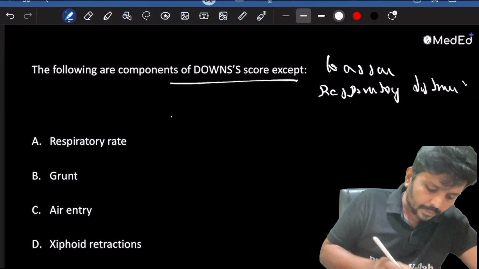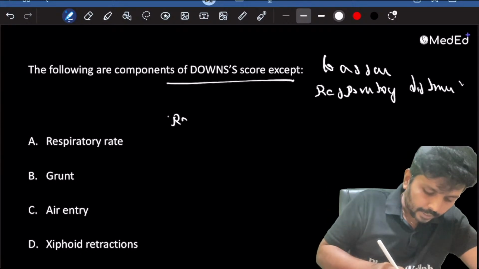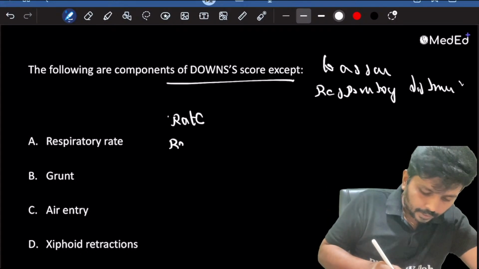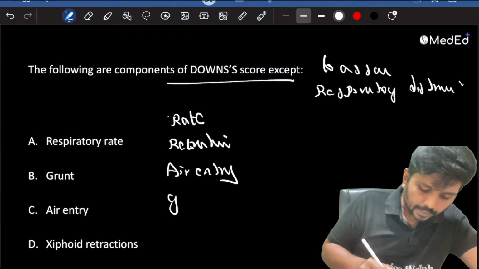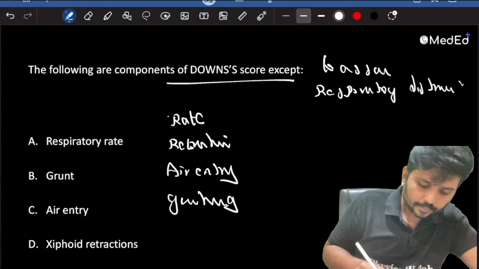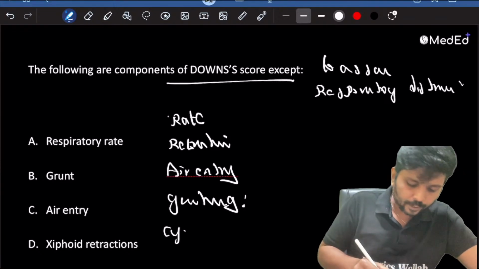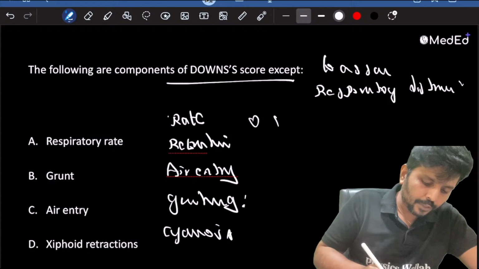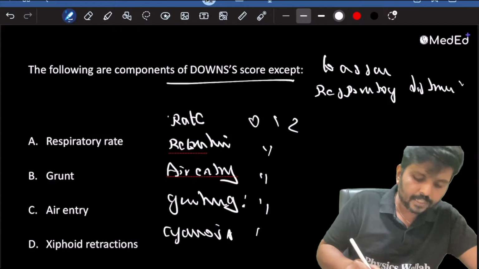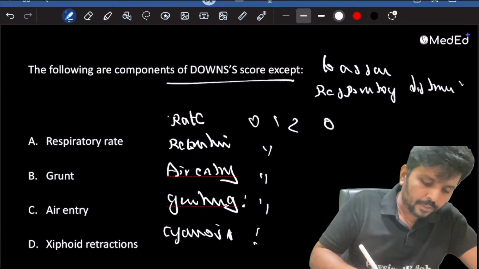It contains the following parameters: respiratory rate, retractions, air entry, grunting, and then cyanosis. You will give a score of 0, 1, 2 for each. So minimum is 0, maximum is 5 into 2, which is 10.